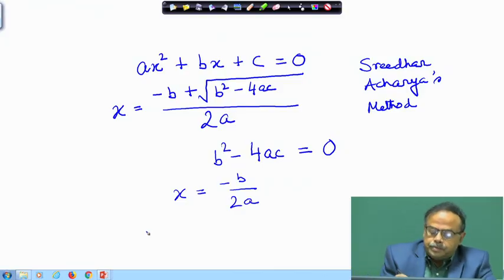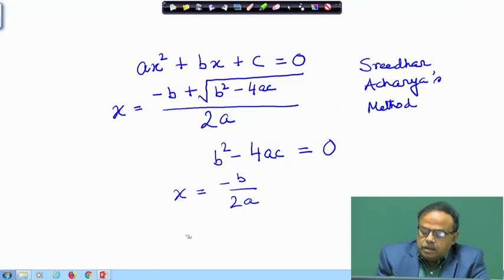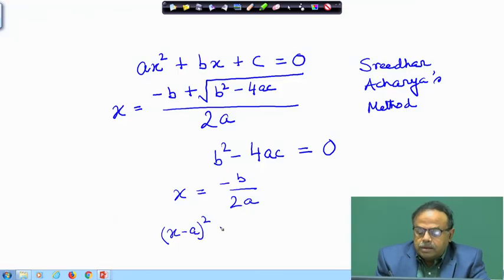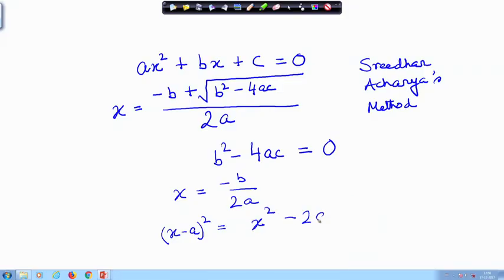For example, if I have x minus a whole square, that is equal to x square minus 2ax plus a square.